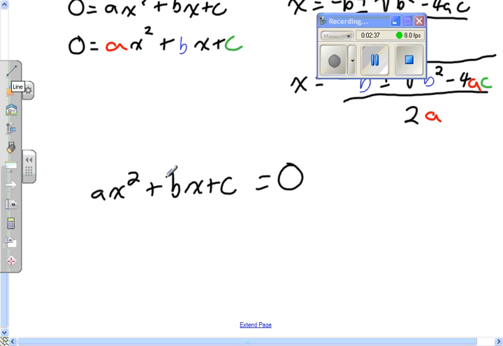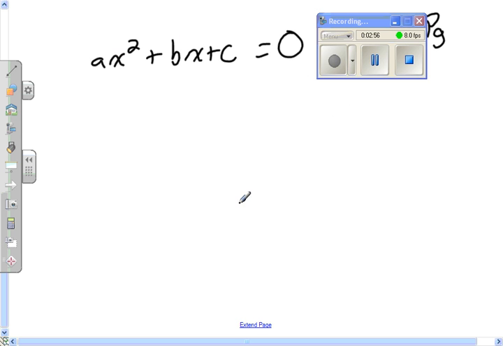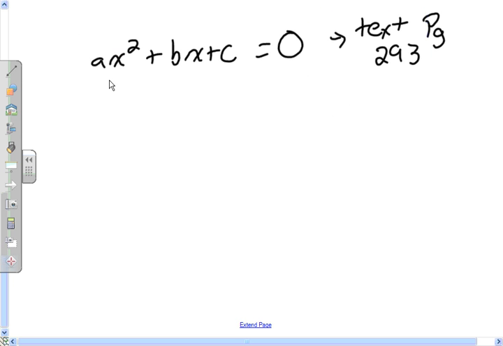I'm going to show you how to do this going through the exact steps that we normally use for completing the square. In your textbook, on page 293, they've also explained how to do this. So you'll have two options on how to complete this square.